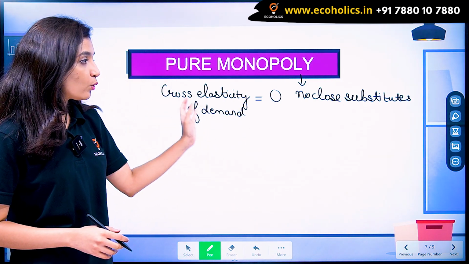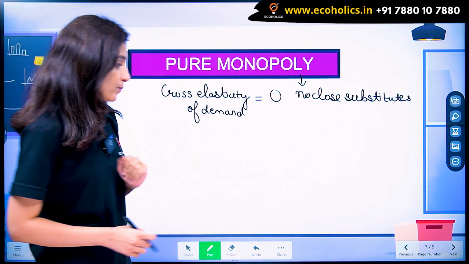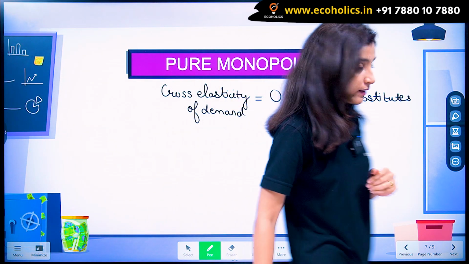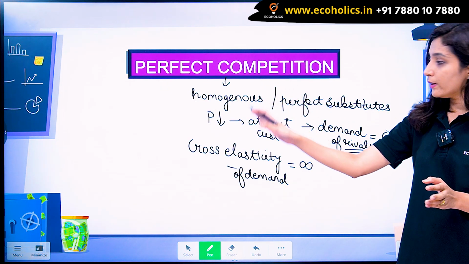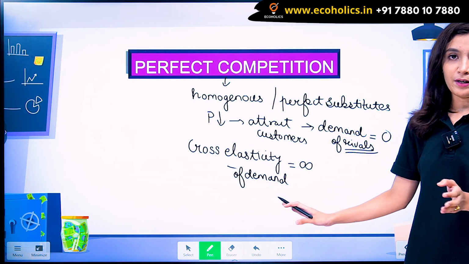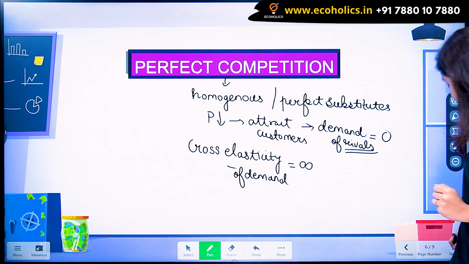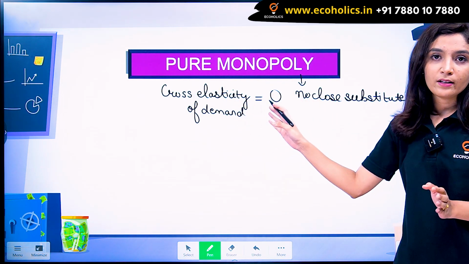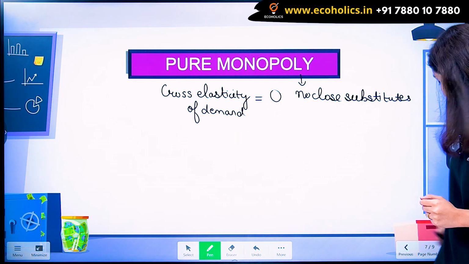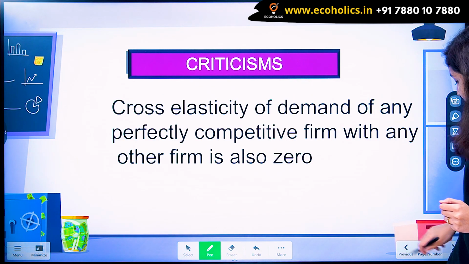So we have two extreme cases. We have seen that in case of perfect competition, the cross elasticity of demand is infinity, and in case of pure monopoly, the cross elasticity of demand is 0. So what can we conclude?